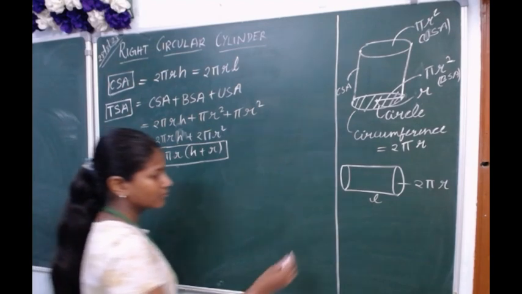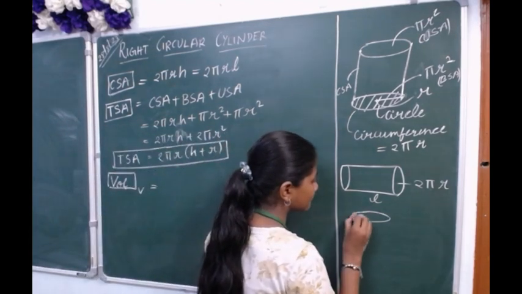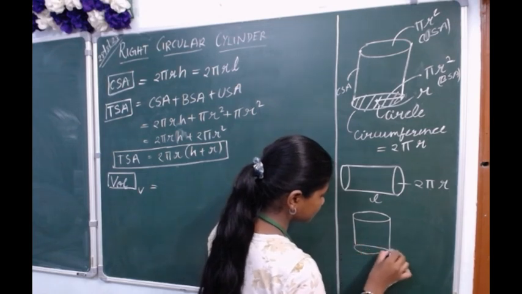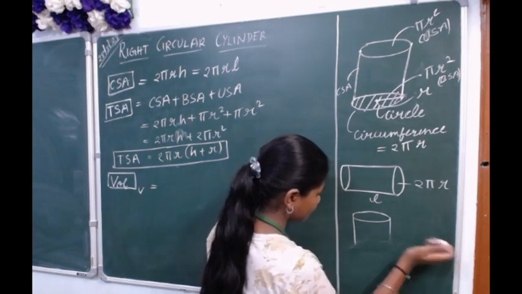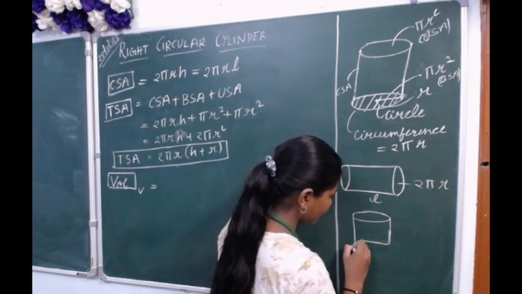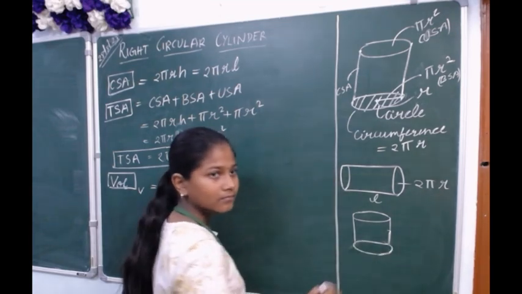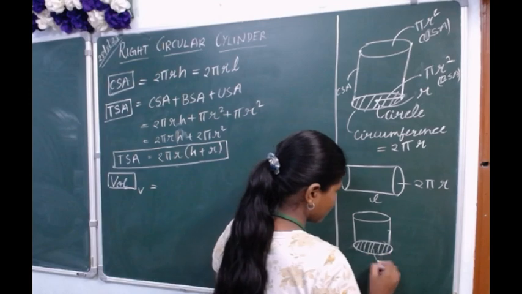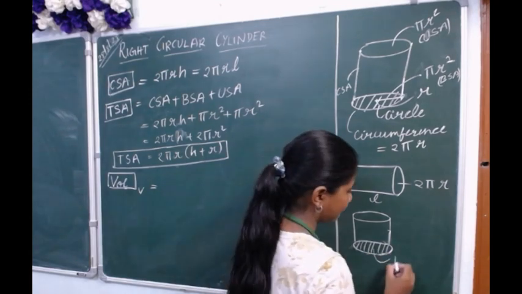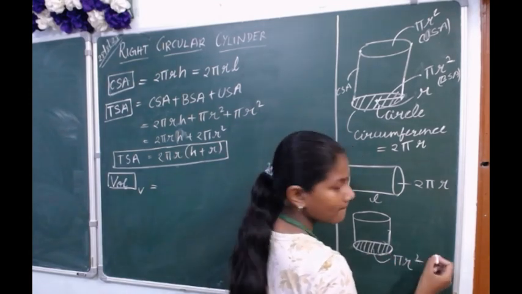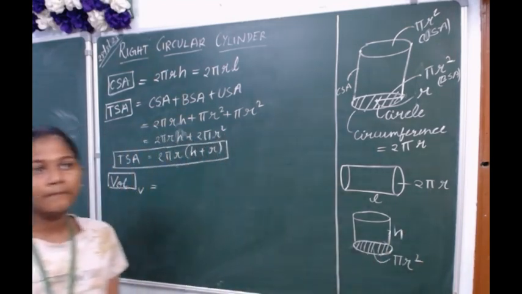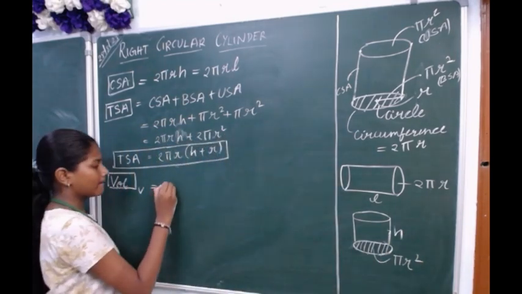Now what is the area of cross section? That is the base area, pi r squared, into h. So V is equal to pi r squared into h. So this is the volume of the cylinder. So pi r squared h is the volume of the cylinder.